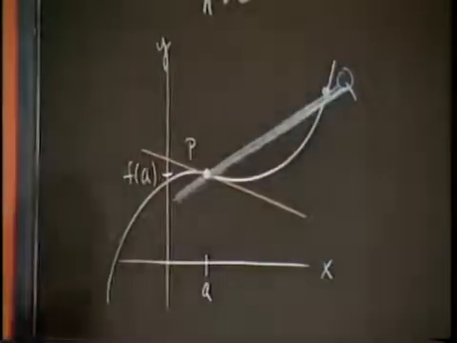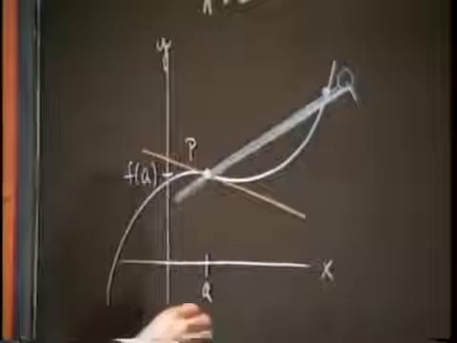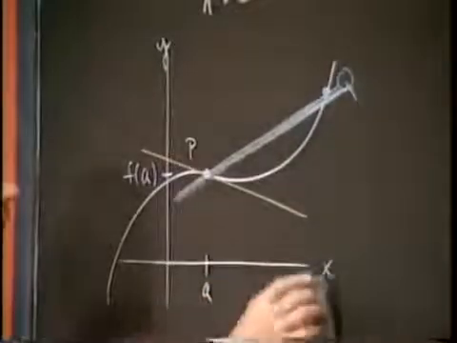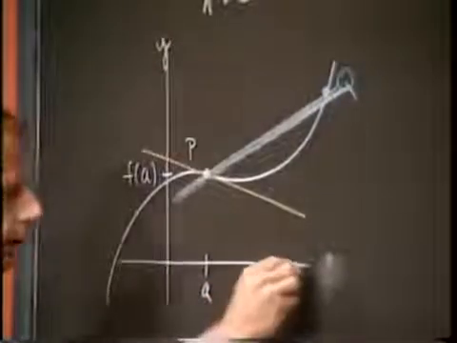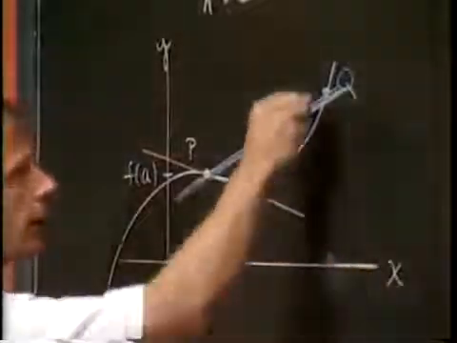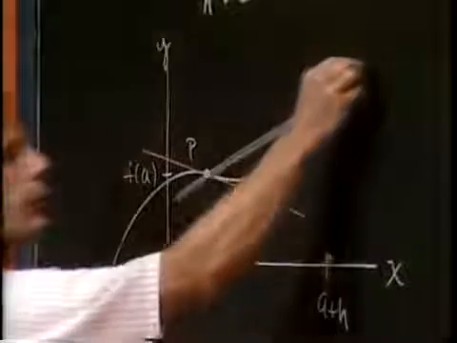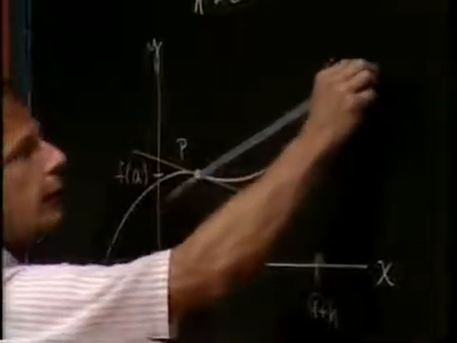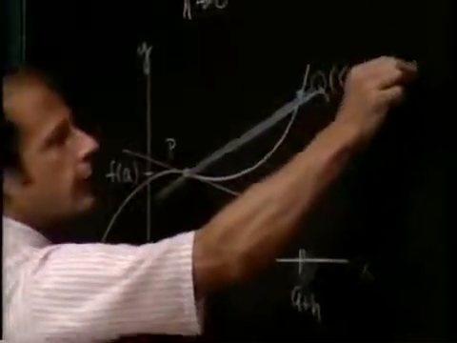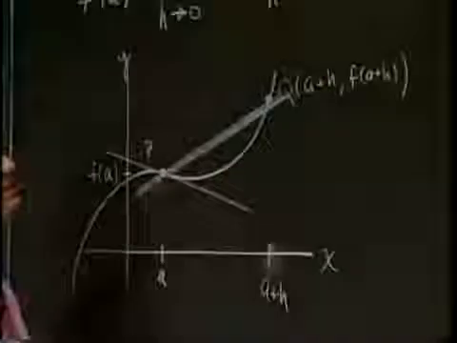What I've been doing up until now is to say, well, we'll come over here h units. That's a little bit farther than my x-axis, so let's continue that out. We'll come over here h units to a plus h, so that the coordinates for Q would be a plus h, f of a plus h, since it is on the curve.